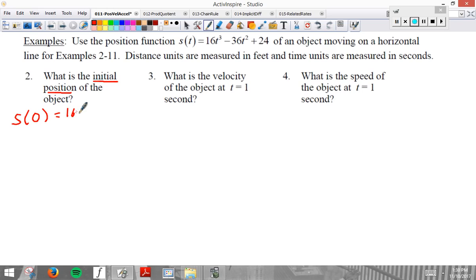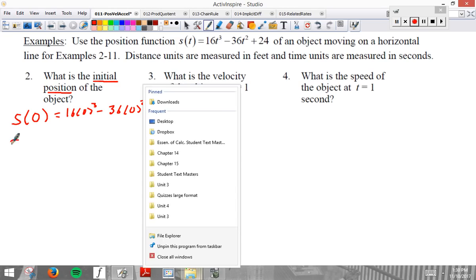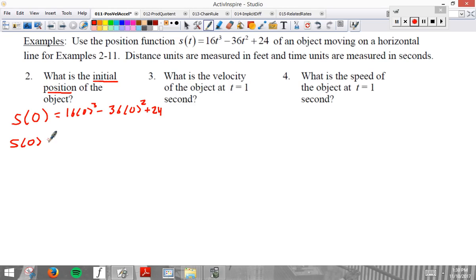So that would be 16 times 0 cubed minus 36 times 0 squared plus 24. And we see that the initial position is 24. And we know position is a distance type thing. So 24 feet. Done.